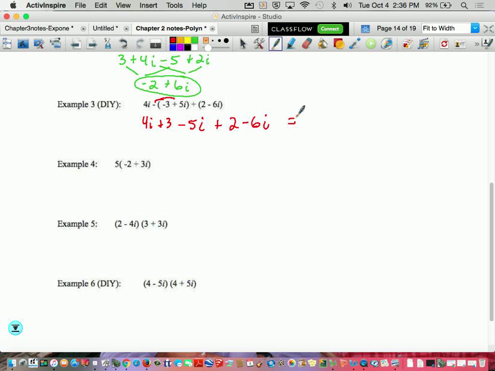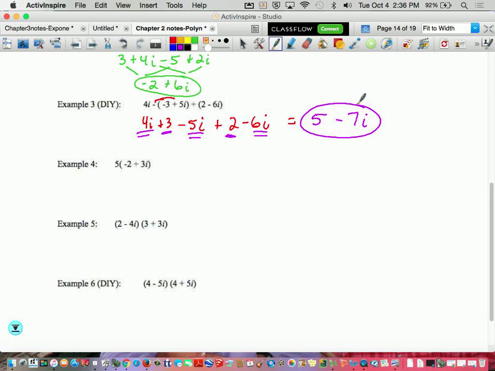I have a real 3 and a real 2, so that gives me 5, and then I have an imaginary 4i, imaginary -5i, and imaginary -6i. That would be -7i. So double check that your answer is the same.